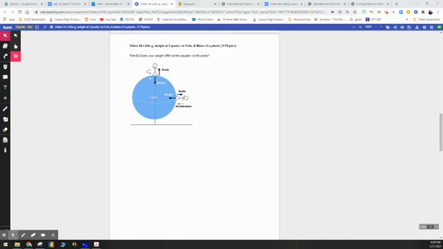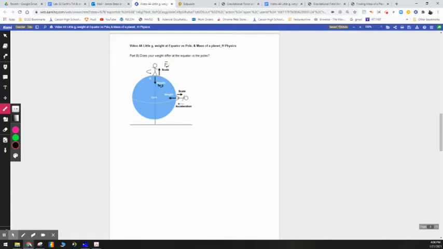It says here, does your weight differ at the equator versus the poles? Good question. Let's take a look and see what's going on before we start the problem. If you're here, you have the normal force, which is the scale acting in the upwards direction, and you have your weight, which is mg, acting downwards.